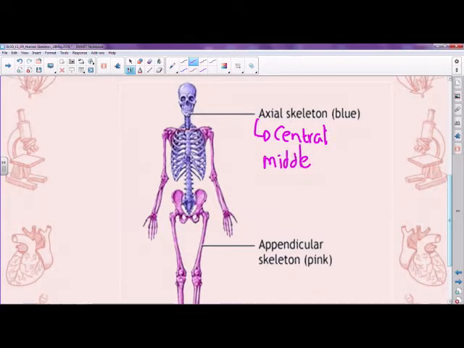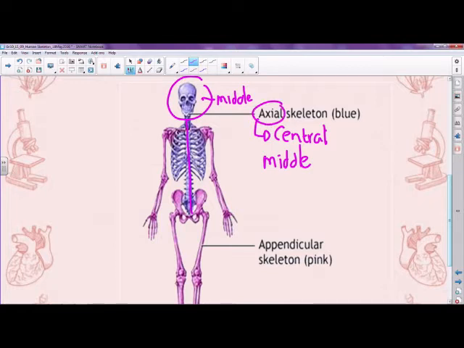If I draw a circle there and a line straight there, I've pinpointed the middle of the body. So the first part of our skeleton, which we're going to look at, is called our axial.